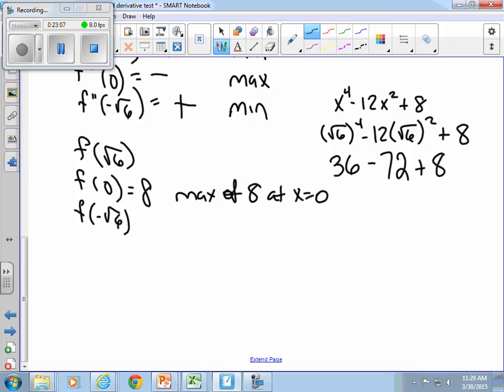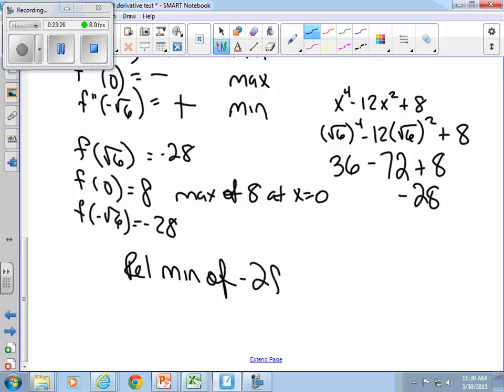So that's negative 36 plus 8, which is negative 28. So we have a relative minimum of negative 28 at both positive and negative values.